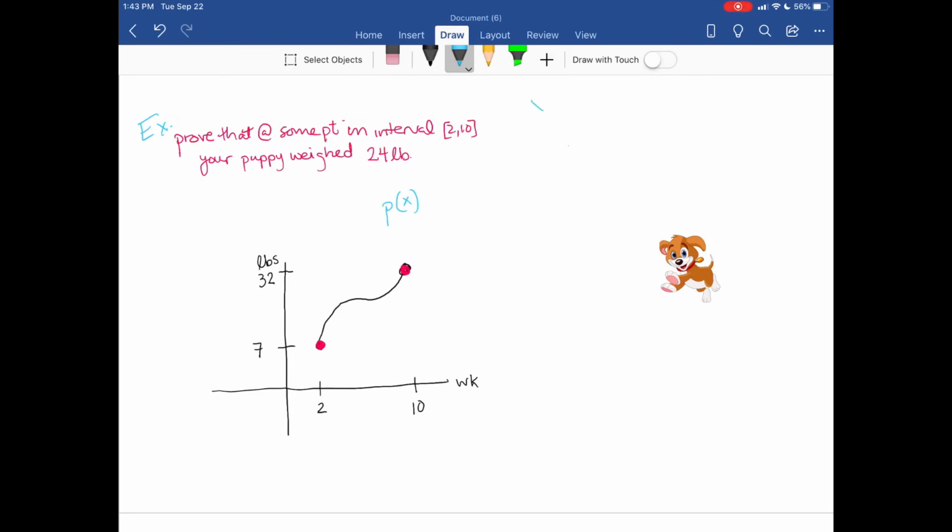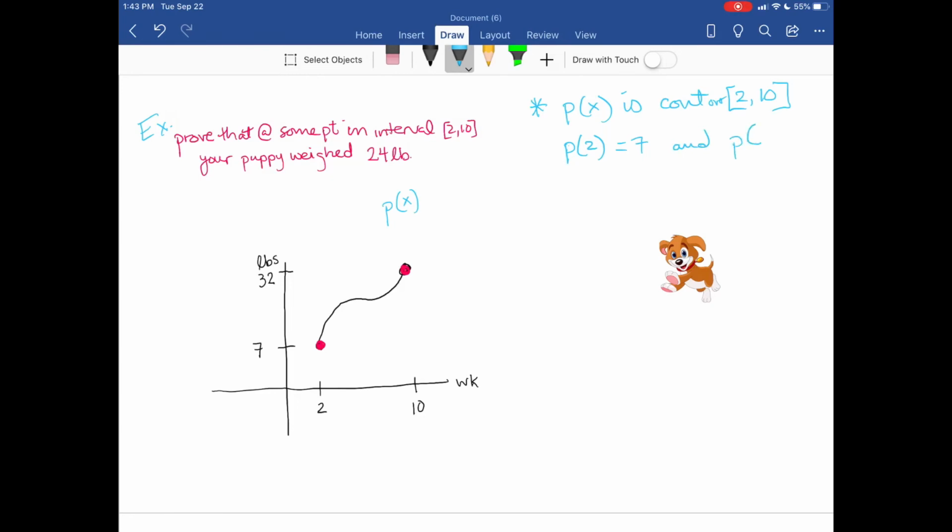So in order to solve this problem, the first thing we would have to state is that p of x is continuous over that closed interval from 2 to 10. And I hope that makes sense to you. There's not going to be 1 week in that interval where the puppy weighs nothing and then weighs something the following week. So we know that p of x is continuous over the interval 2 to 10. We also can state what that y value is at week 2. He weighed 7 pounds.